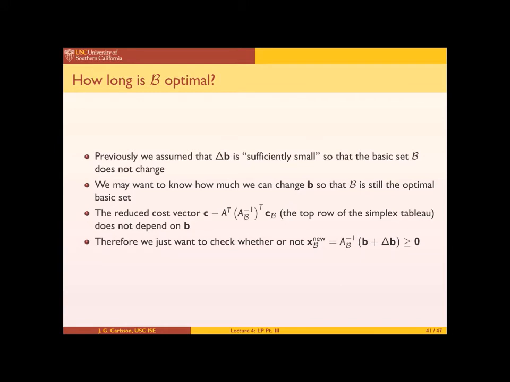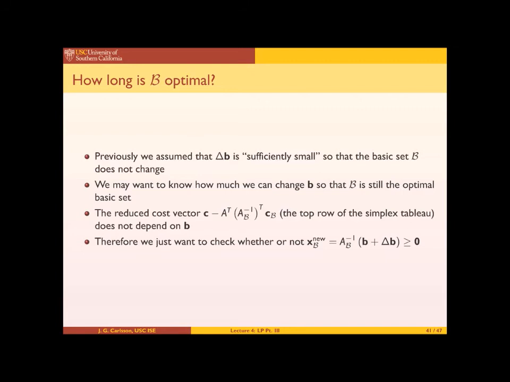This is all just linear algebra at this point, and I'll cut through it a bit because it's a little proof heavy, but I'll try to summarize it in a way that at least conveys the idea. The question again is how much we can change the right-hand side vector so that the optimal basic set does not change.